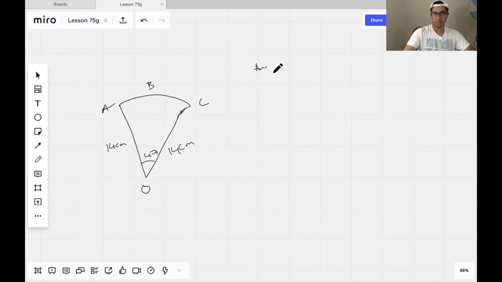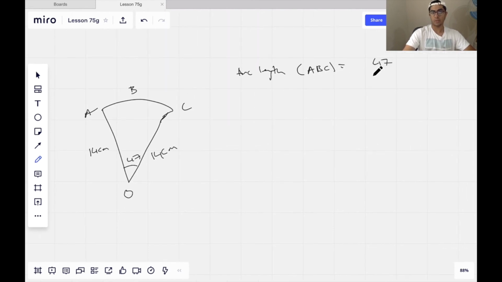So you have something like this, and you can say the arc length ABC is equal to 47 by 360 times 2 pi r, times 2 pi times 14, and then therefore the perimeter is equal to 14 plus 14 plus this thing here.